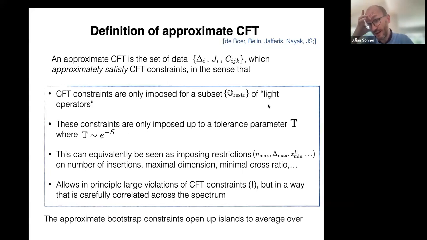But then because the other operators can actually propagate in intermediate states, even in correlation functions of this restricted set of operators, it would be inconsistent to claim that the restricted operators satisfy exactly crossing. Their crossing, for example, would be polluted by the violations of the operators that are not in the restricted set. So it would not be mutually consistent. So for consistency of the whole construction, you need to both have a restricted set of operators and you need to have some tolerance parameter.